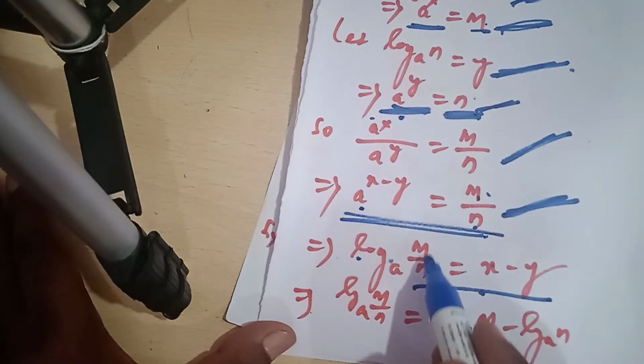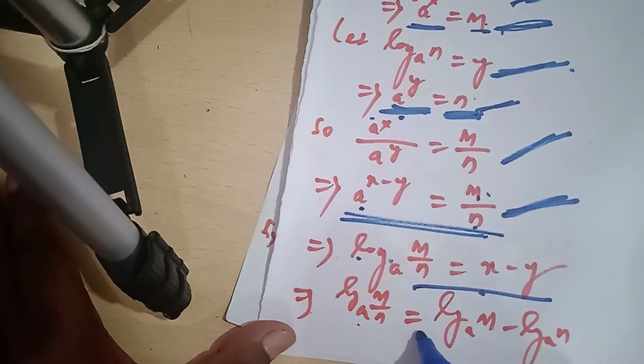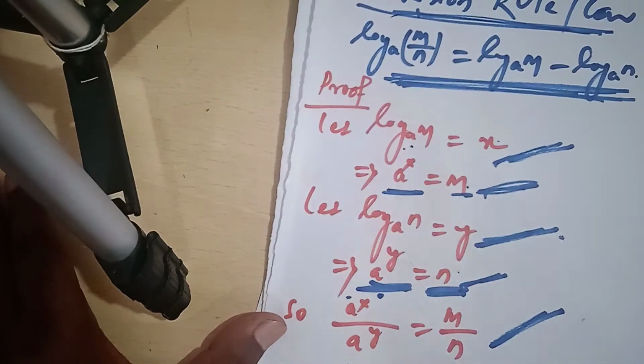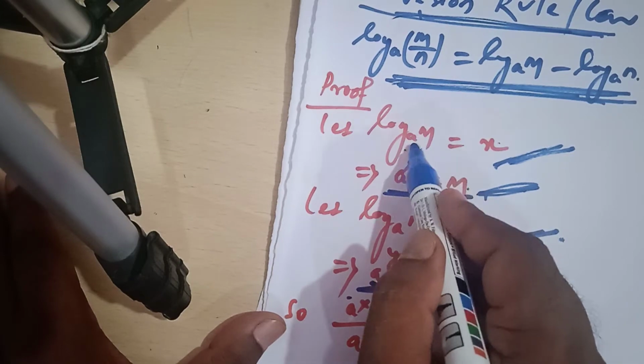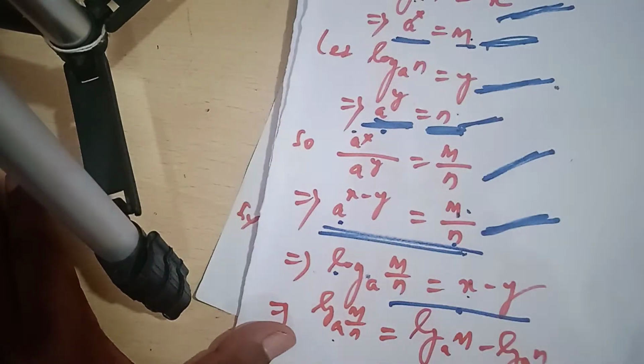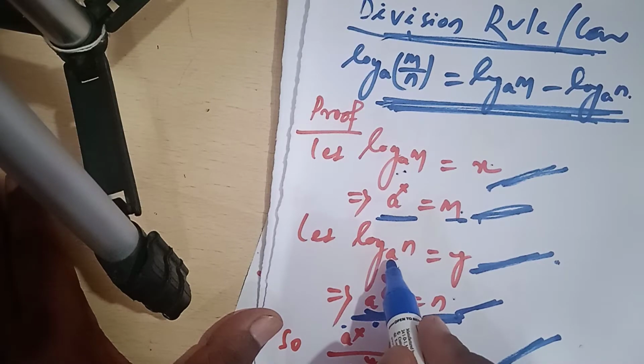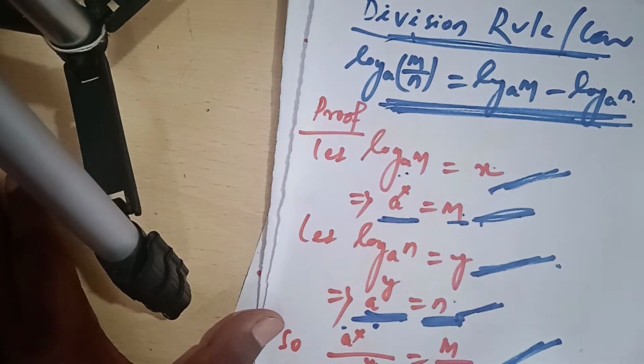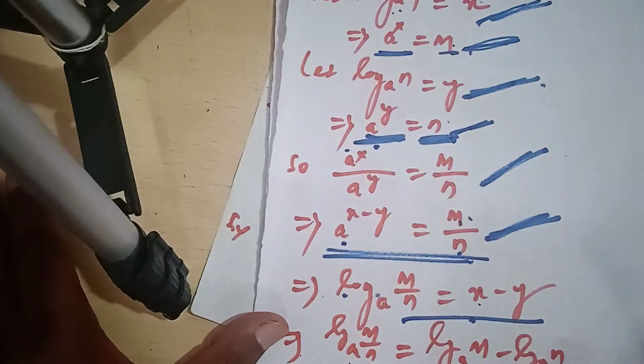So log m by n to the base a is equal to x minus y. Before that, I took x is equal to log m to the base a, so in place of x, log m to the base a, minus, and in place of y, log n to the base a.